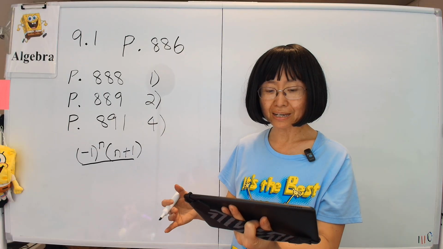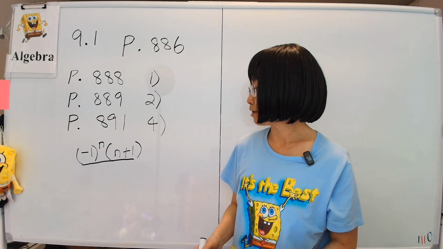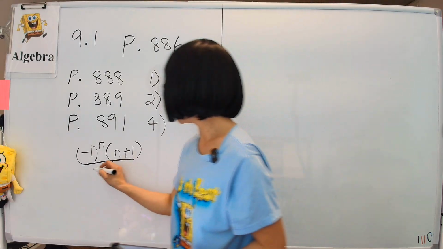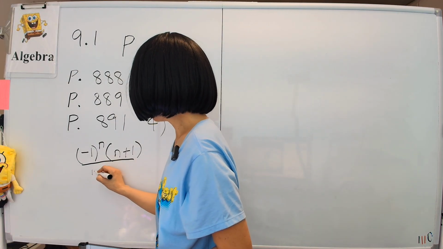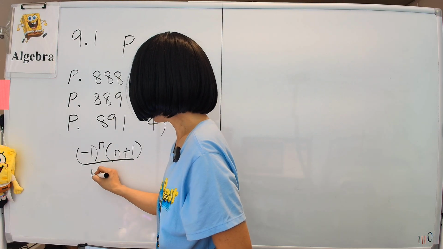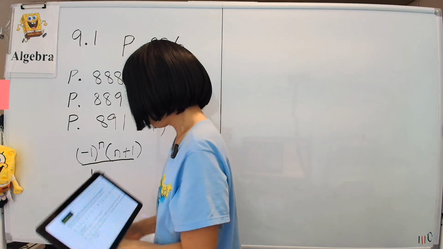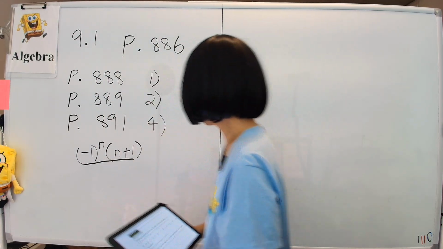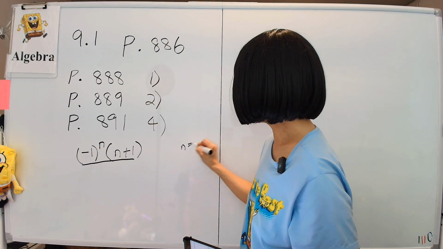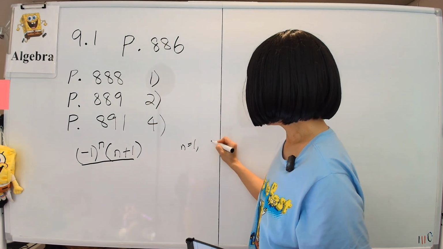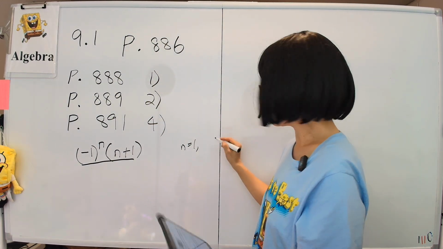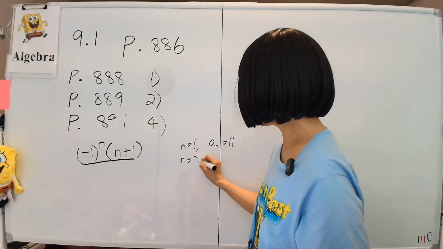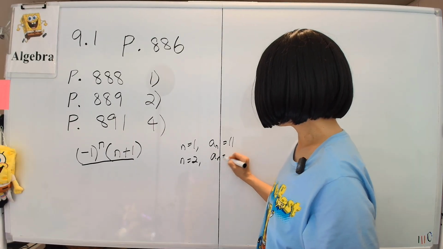So generally speaking, how will we come up with a formula in n? When n equals 1, the sequence term, we'll call it an, equals 11. When n equals 2, then an equals 13.